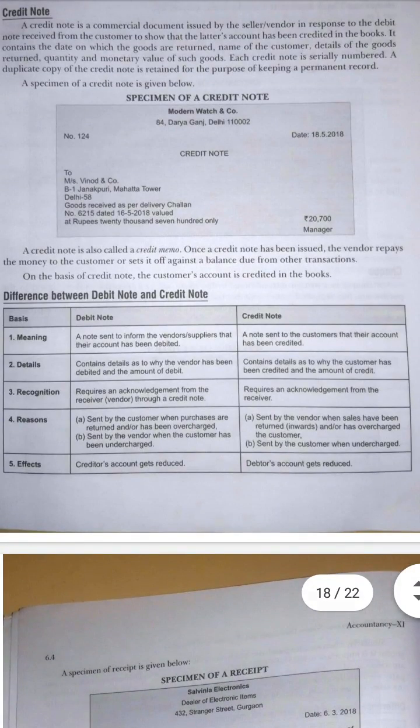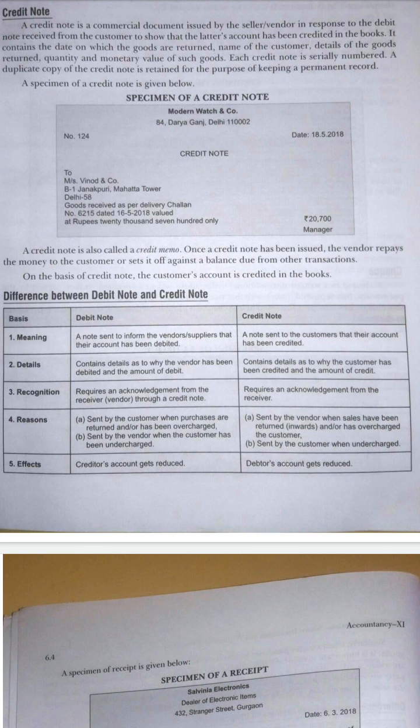So the next one is the credit note. It is also a commercial document, which is issued by the seller or vendor in response to the debit note received from the customer, to show that the latter's account has been credited in the books. So it is a commercial document issued by the seller in response to the debit note.